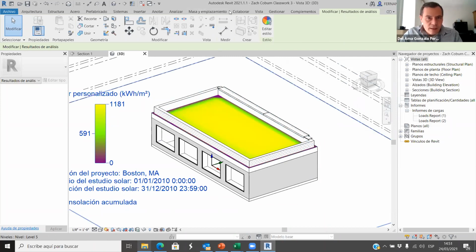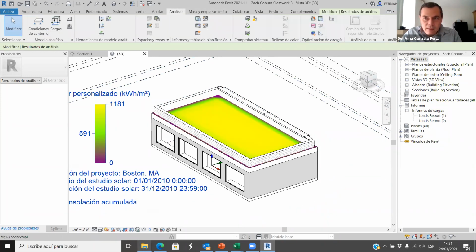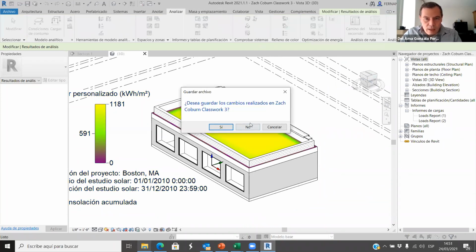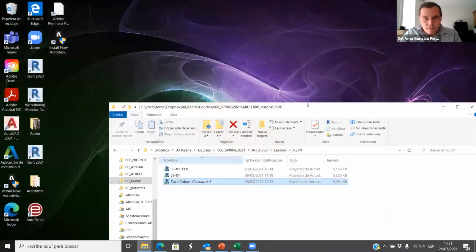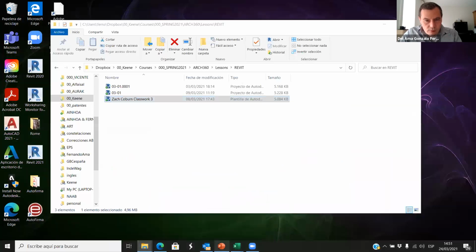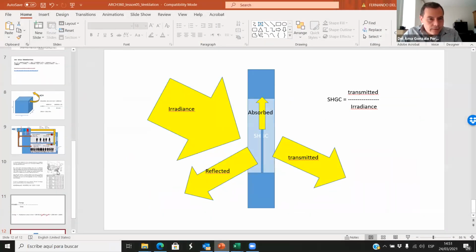Okay, so if you're working with Revit 2021 on your computer, try to install this plugin, and in Analyze, you will be able to find the solar analysis. But we are not going to work with this now. We're going to work with something easier.